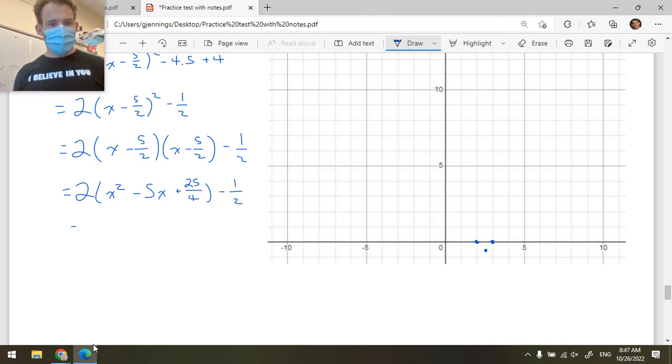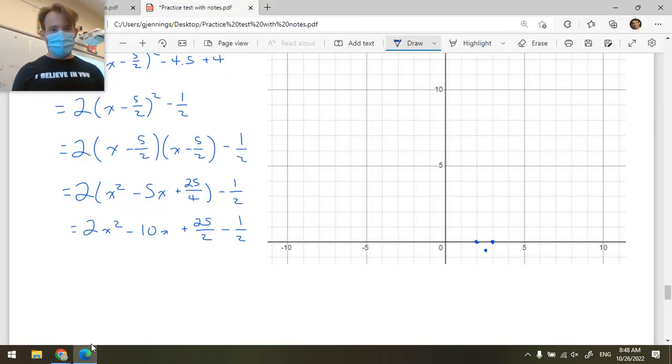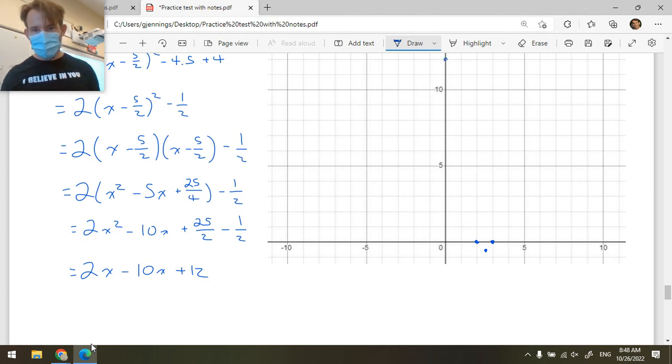Then this is equal to 2x squared minus 10x, and then plus 25 over 2 minus 1 over 2. So 25 over 2 minus 1 half gives us 12. So this is 2x squared minus 10x plus 12. So 12 is our y-intercept, so put it on there. And then let's find the zeros of this.